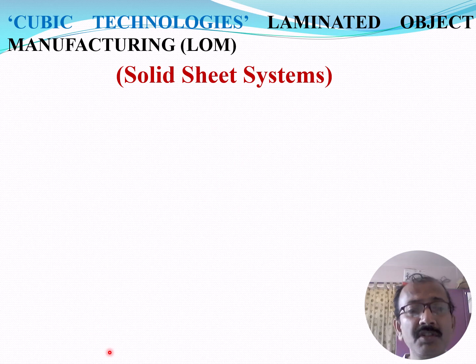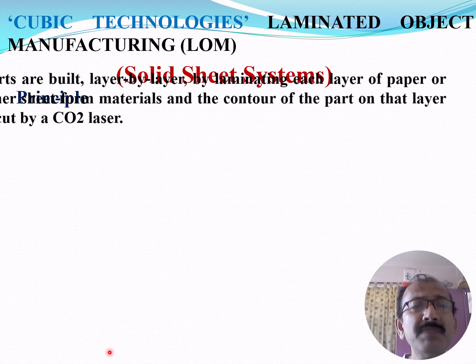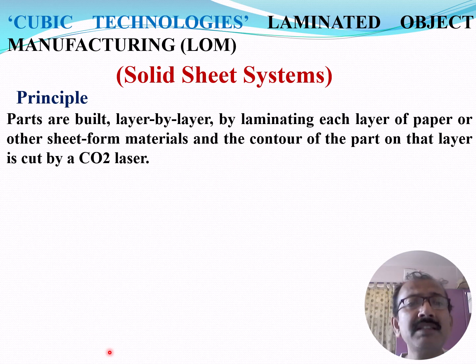So the solid sheet system. Now we will explain. So what is the principle? The parts are built by laminating each layer of paper or other sheet form materials, and the contour of the part on that layer is cut by a carbon dioxide laser. That means a carbon dioxide laser is used to cut the sheet material.